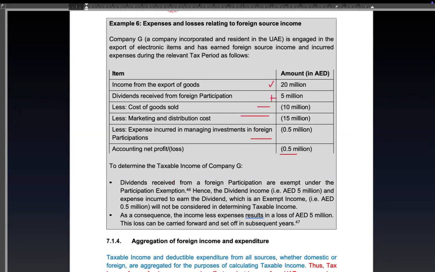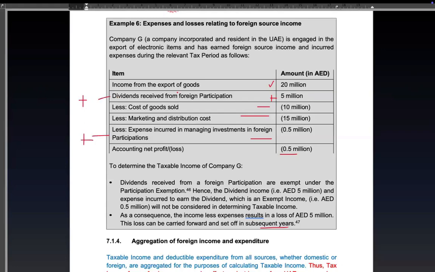Company G. Dividend will not be considered for taxable purposes, as the income less expenses is 5 million. This loss can be carried forward to subsequent years. So it will not be subject to tax. 20 less 10, 10 less 15, negative 5. This income and this expense will not be considered because it is an apple to apple comparison.